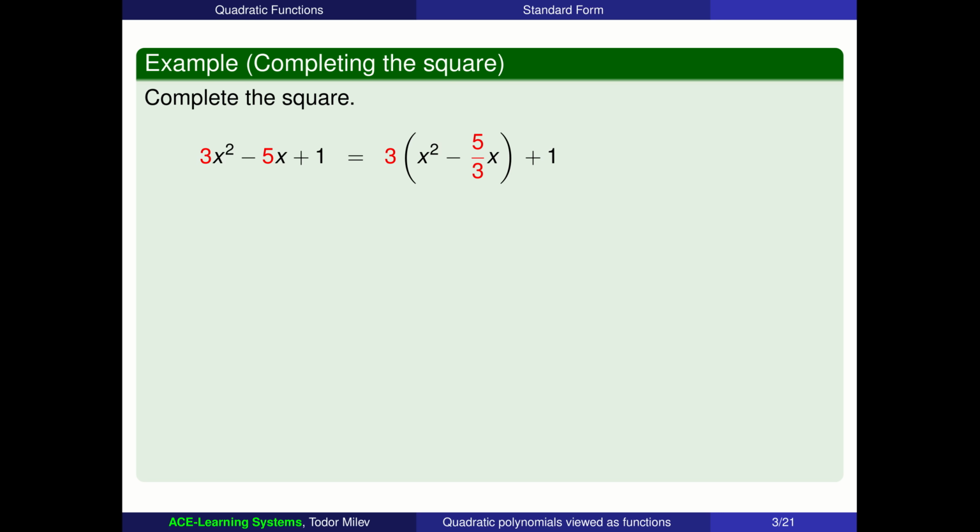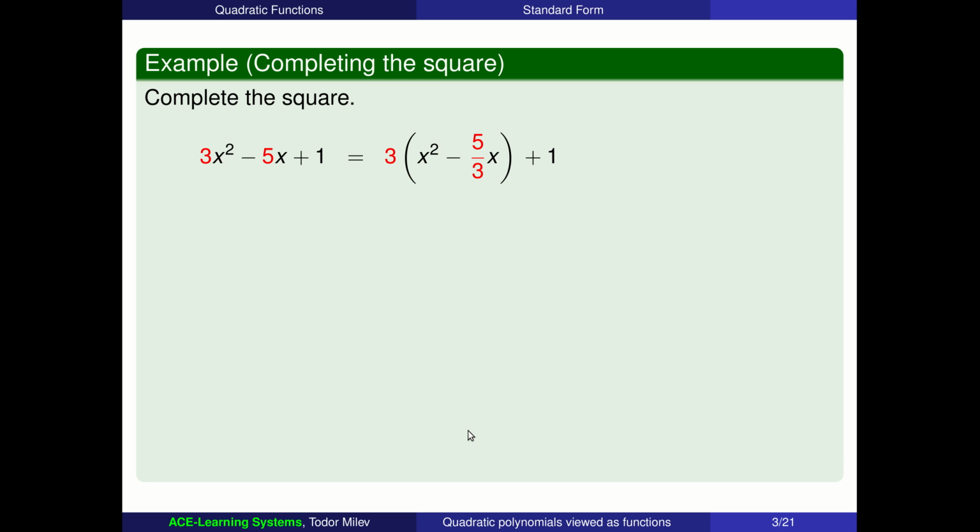Why is that? Well, when I distribute the parentheses, I'll be getting 3x squared from the first two. But from these two, I'd be getting 3 times 5/3 x, the 3 is going to cancel, and I'll be left with 5x.